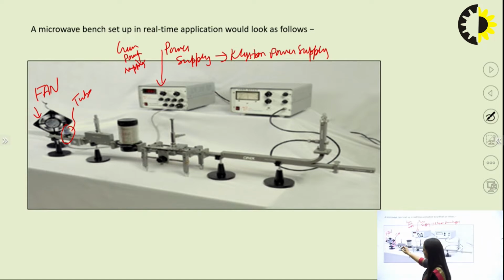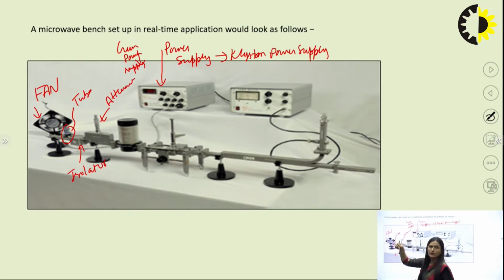After that, one device which is used here is your isolator. This is a mandatory device after the source, right? After the isolator, we are using an attenuator. This is the attenuator, and this is the probe.